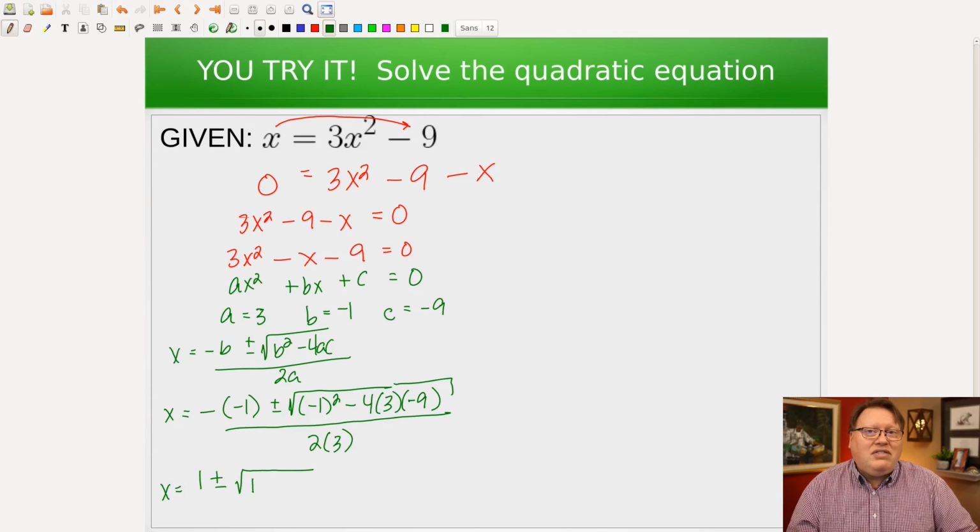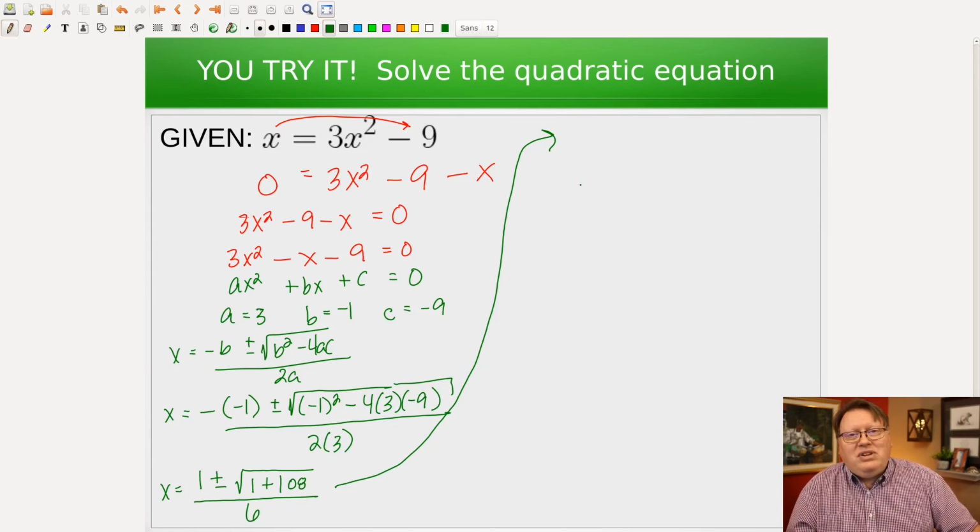Well, we know negative times negative is a positive, so we're going to do positive. 3 times 4 is 12, and 9 times 12, you should get 108, I do believe. Then all of this is over 2 times 3, which is 6.